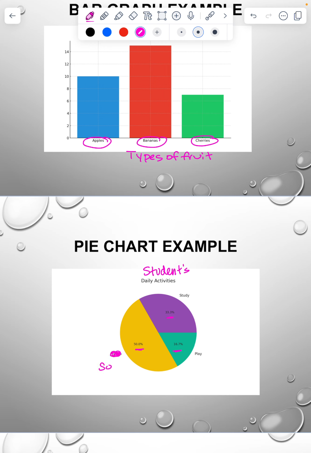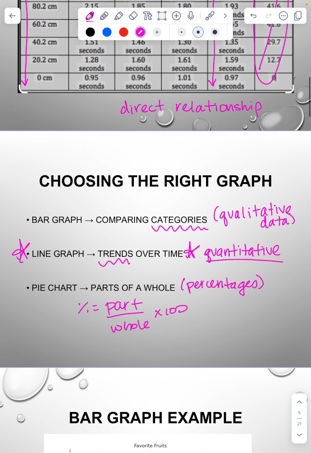That's probably spent on social media and cell phones, if we're being honest. I would say definitely not 30% of the time is studying. I would say maybe this would be sleeping, and then maybe 16% is other activities of the day. So that's just showing you how they are parts of a whole.